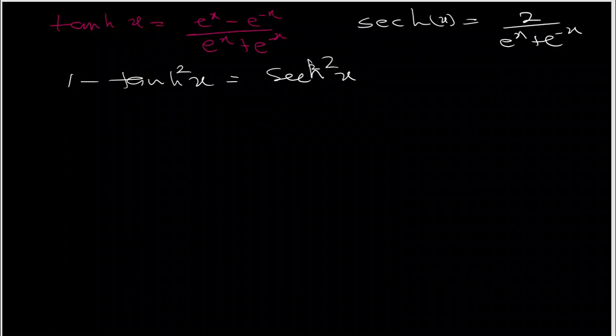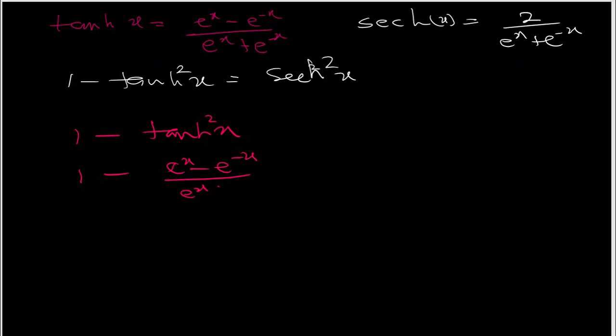So 1 minus tanh square x. We'll put in the exponential function to be e power x minus e power negative x all over e power x plus e power negative x all squared.